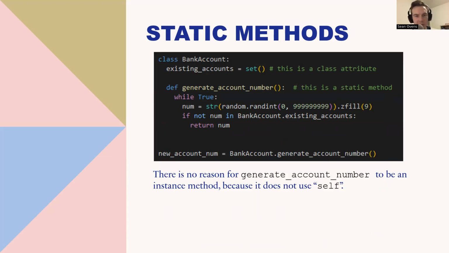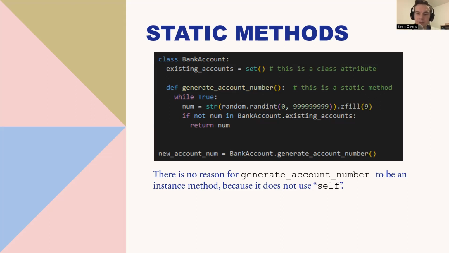So when we remove self from the list of arguments to our method, what we end up with is a static method. Similar to class attributes, you can access a static method using the class name dot method syntax.